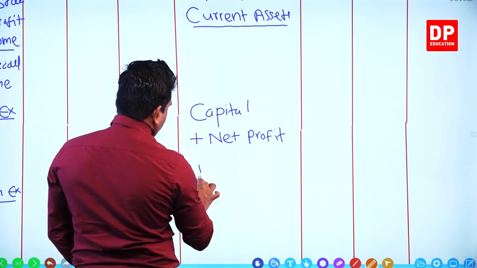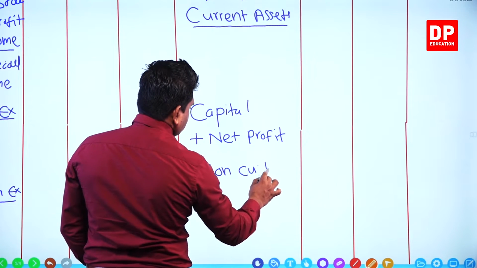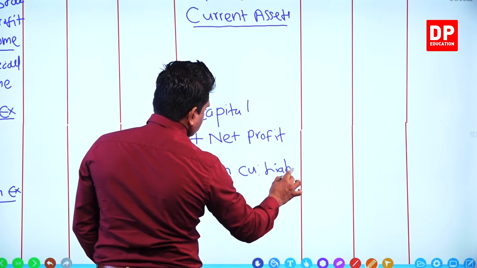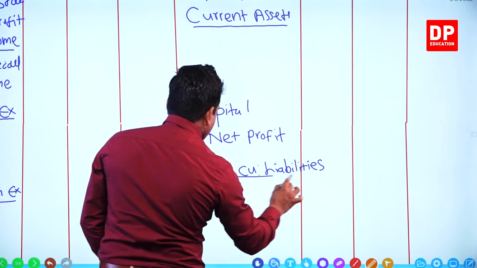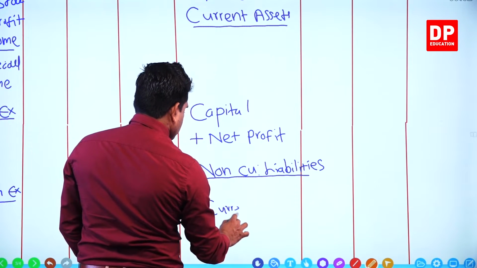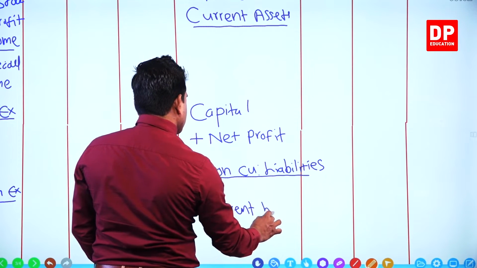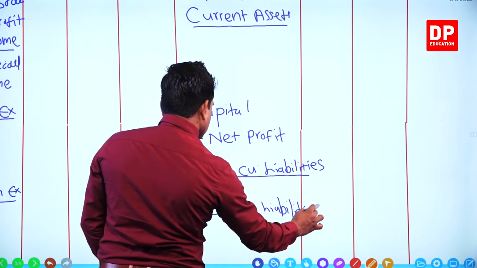Then non-current liabilities, only one line. Then current liabilities. Okay.